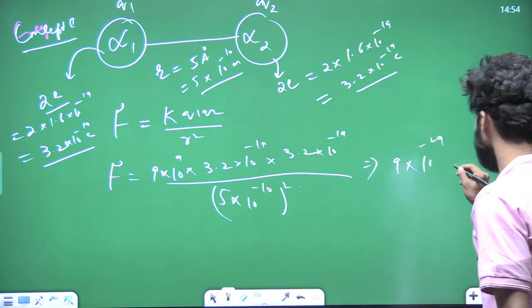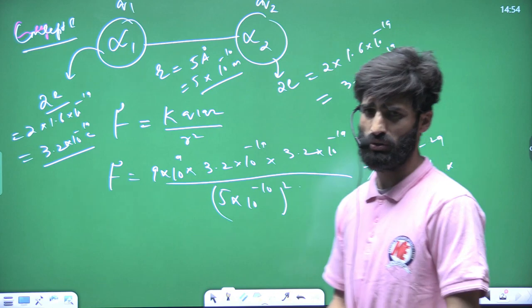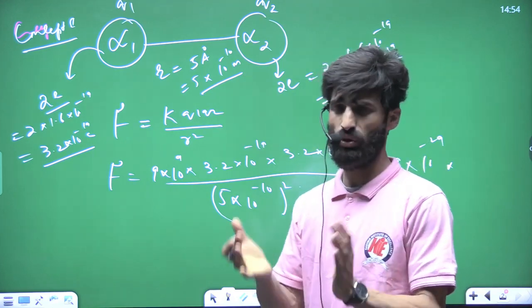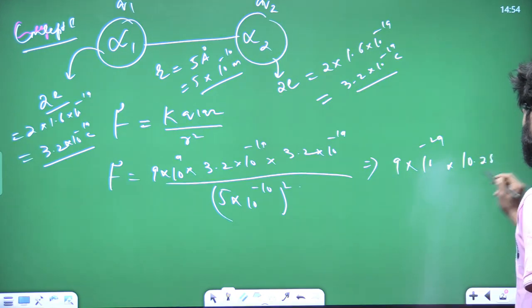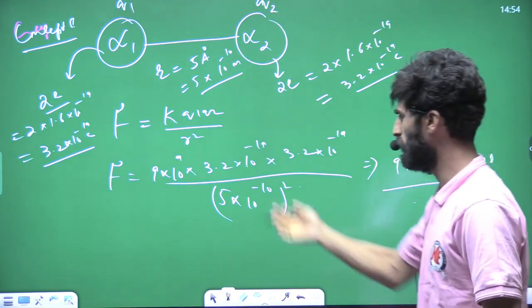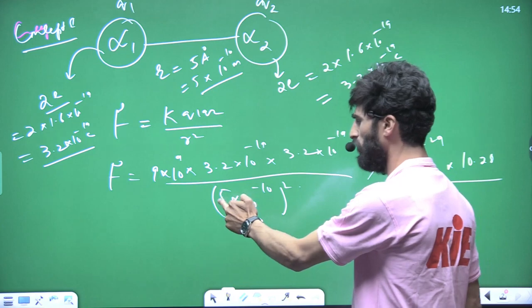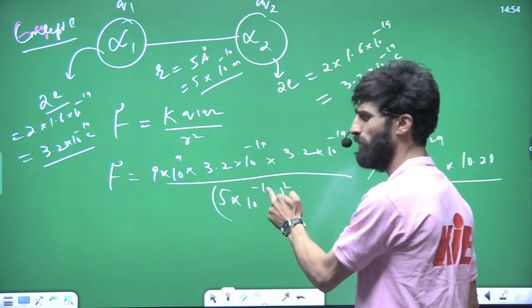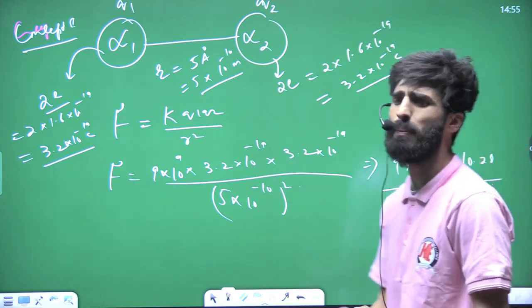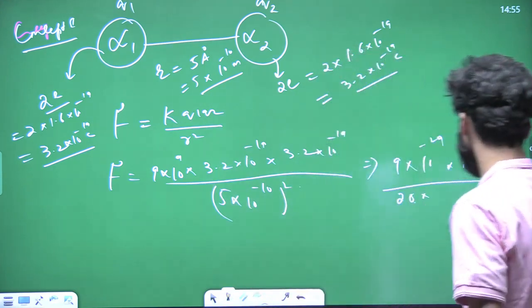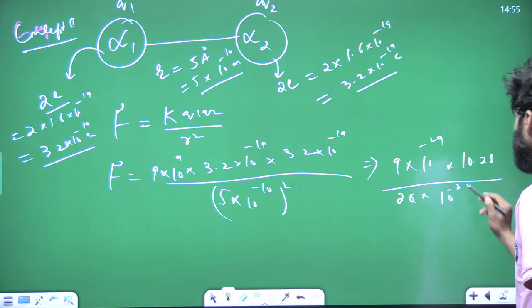And then after that we have 3.2 into 3.2, that's almost 10.28, divided by 5 square, 5 fives are 25, and when you square 10 the power minus 10, that's 10 the power minus 20.